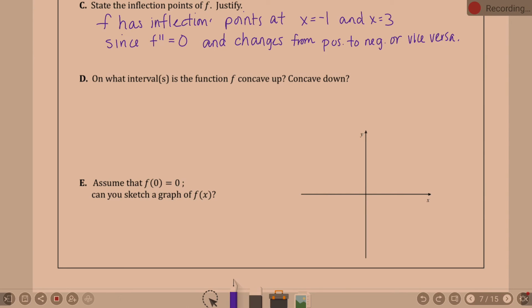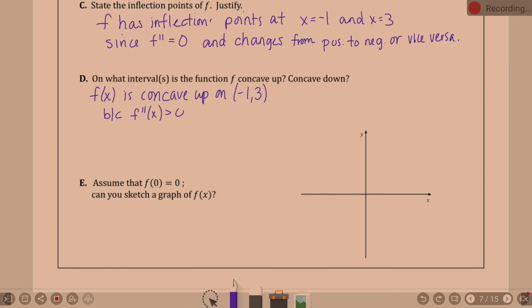So f of x is concave up on -1 to 3, and that is because the second derivative is greater than 0.